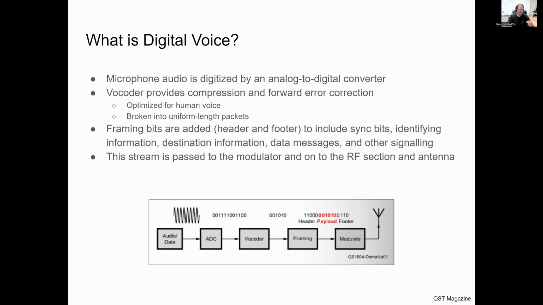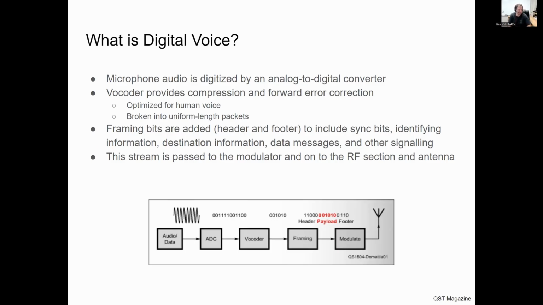The analog digital converter turns it into ones and zeros, and then the vocoder provides compression and forward error correction. So right out of the gate, we have a signal that's as clean as it can be coming from our microphone, and then it heads forward into DSP processing in order to get ready to transmit it.